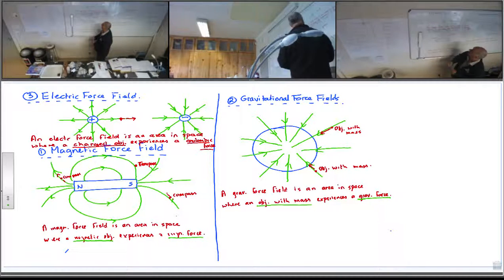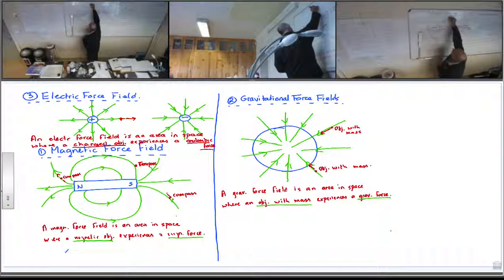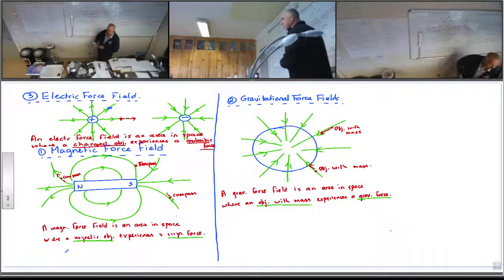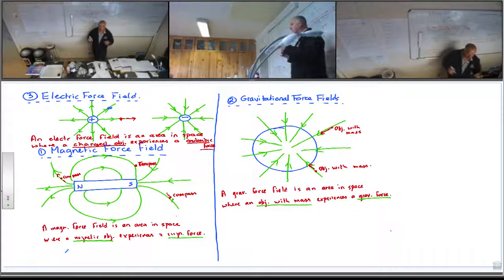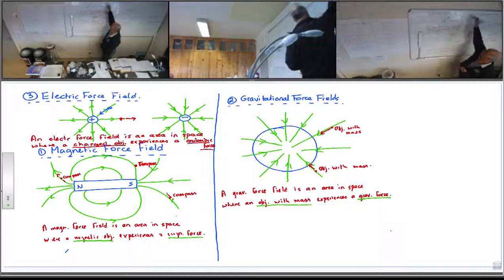However, if that was a negative particle, there you are, there's a negative particle. That will experience a force, not towards, we say in the direction of the line. Where would that negative particle experience a force?